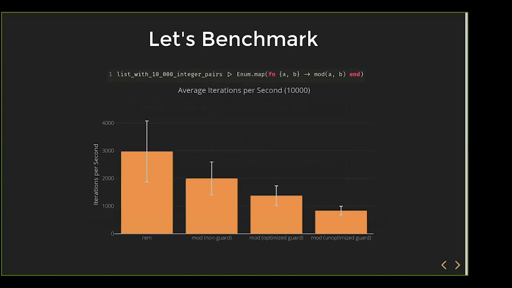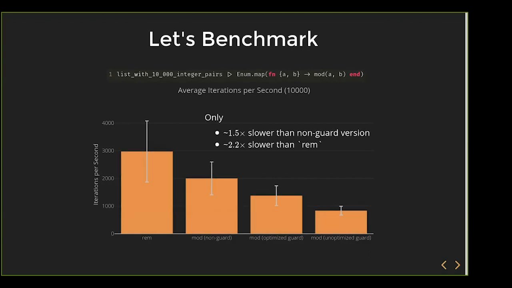As baseline here, we have the remainder function that is built in but doesn't have the correct result for all inputs. Then we have the non-guard version that's built into the Integer module of Elixir nowadays. And we have the optimized and non-optimized guard versions that I've just shown you and talked about.